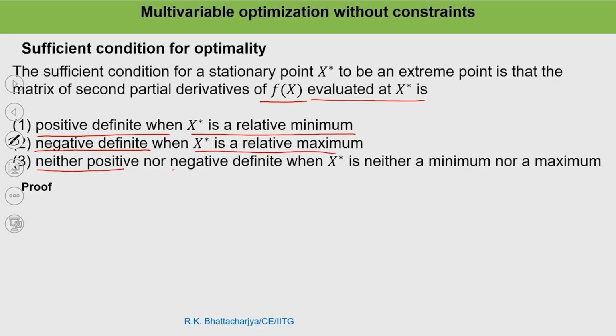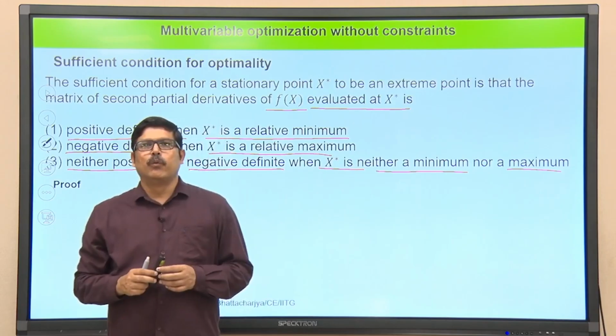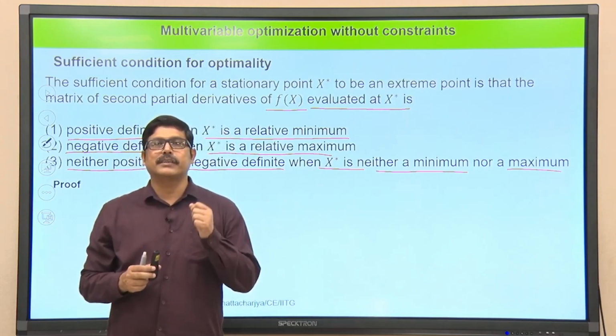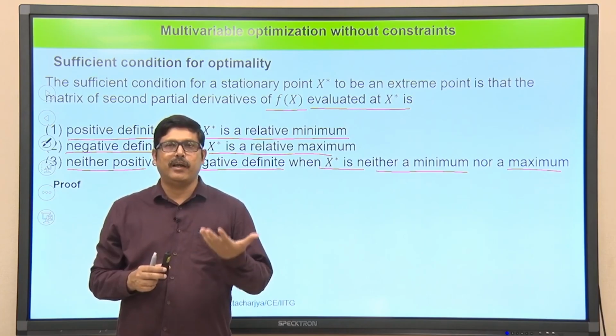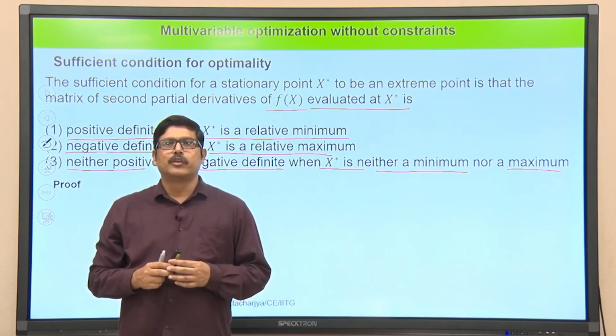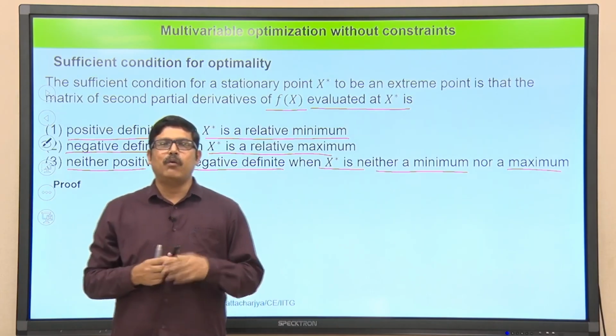If it is neither positive nor negative definite, then x star is neither minima nor maxima, and in that case it is a saddle point. So, in this case what we have to do? We have to take the second partial derivatives of f of x, so I will get a matrix. Now, what I will do?